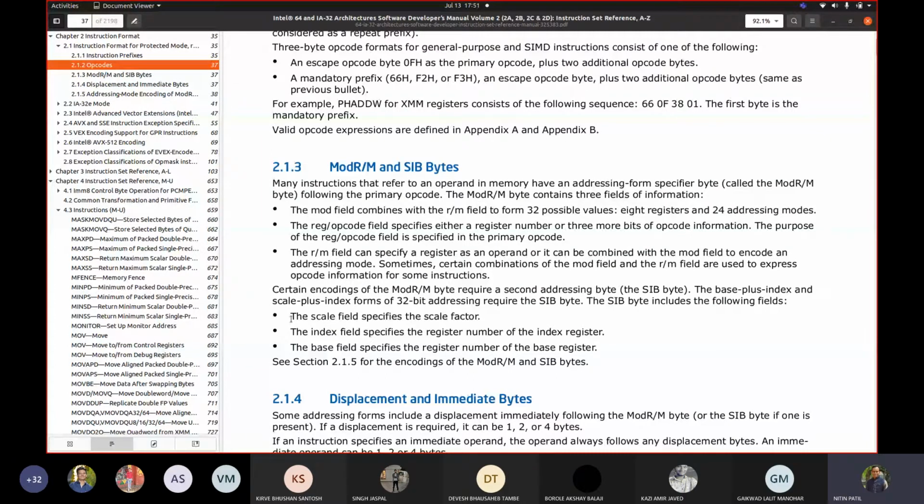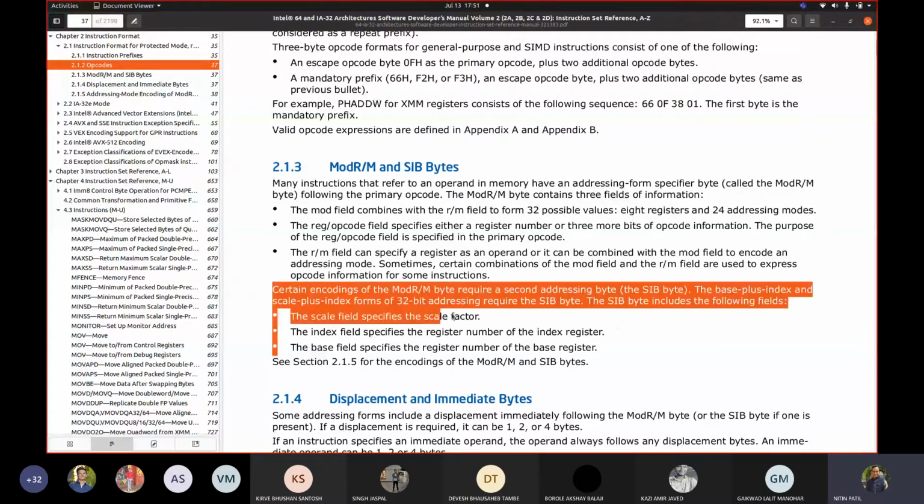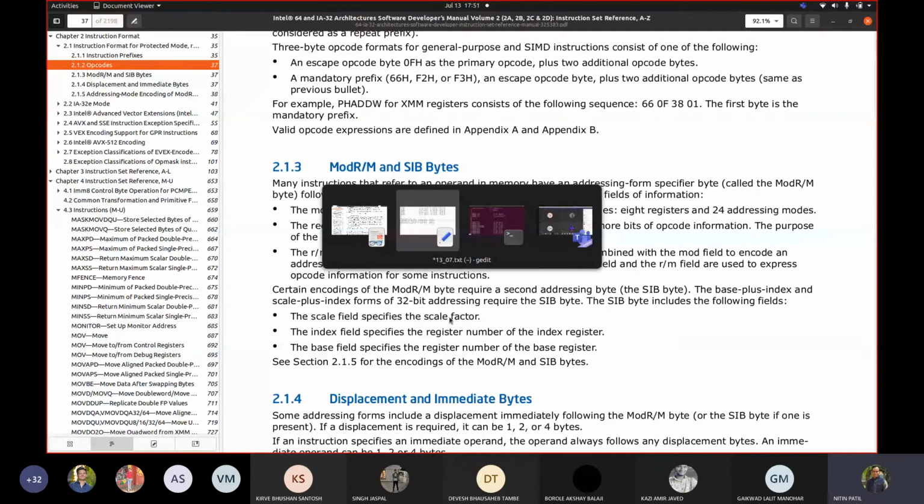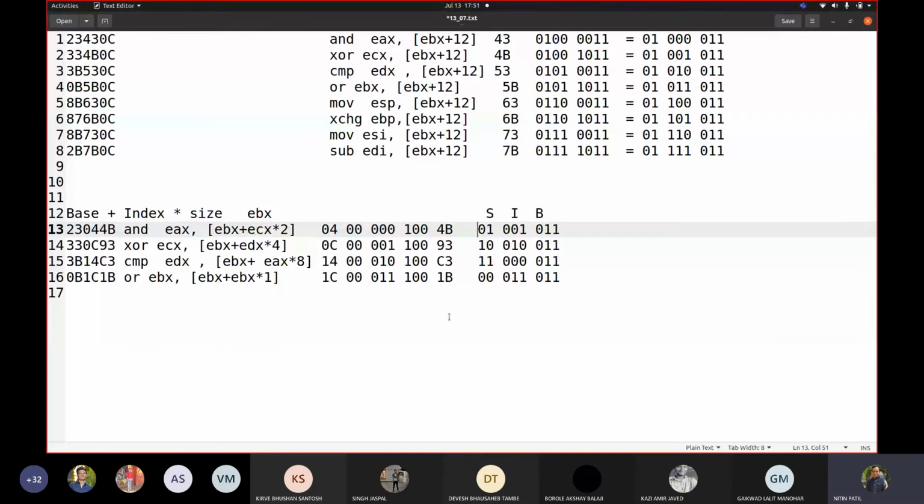Base plus index and scale plus index form. The scale field specifies the scale factor. The scale factor goes from 1 to 8. We can see it specifically here. Can you see 1 to 8? The scale factor is visible here. Purposefully I took it differently, 1 to 8.